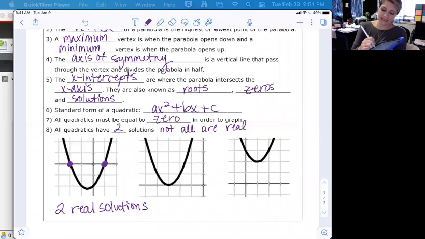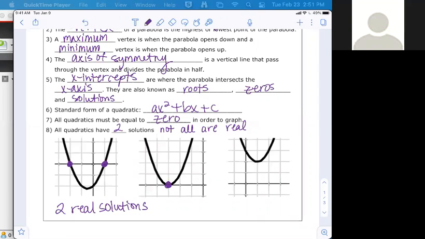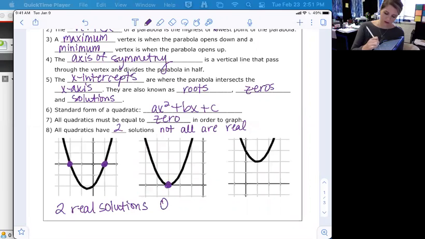Okay, next one. How many times does it cross the x-axis on the second one? Anybody? 1 time. So guess what? 1 real solution.